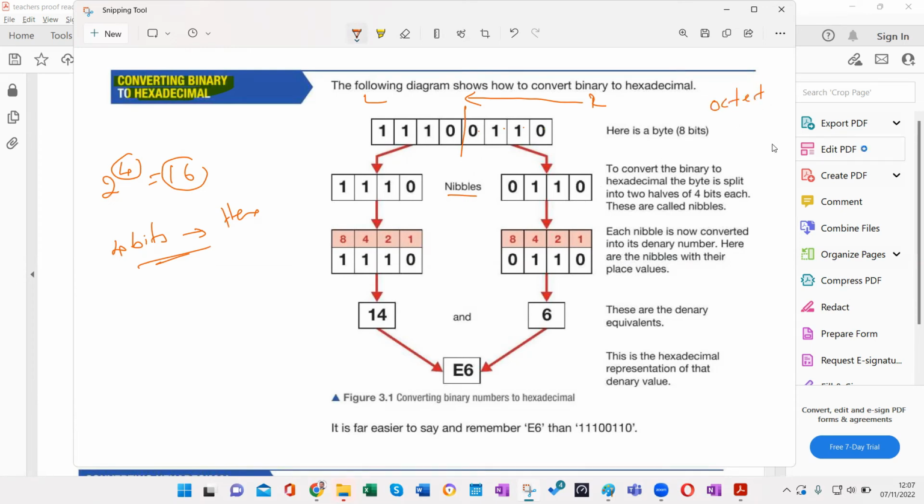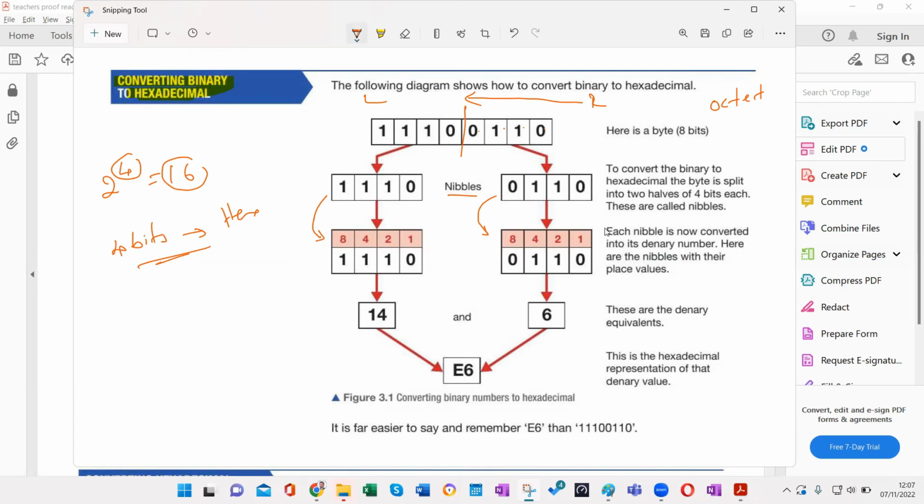That's a byte, 8 bits. A group of 4 bits is called a nibble. So we have 2 nibbles here. The first one is this and the second one is this. All you got to do is convert each 4 bits into its denary equivalent.